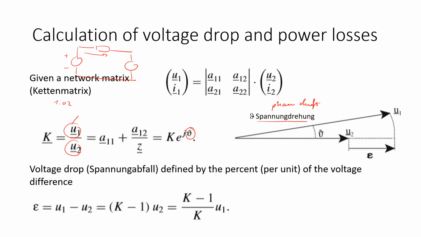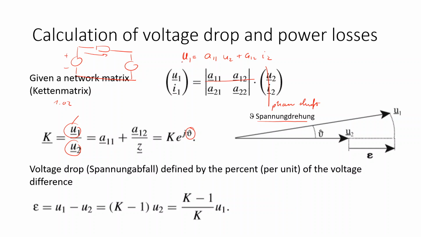So how could we derive U1 and U2? You can see U1, from here, is a multiplication of this line and this column. It is A11 U2 plus A12 I2, right? And this is U1 here.